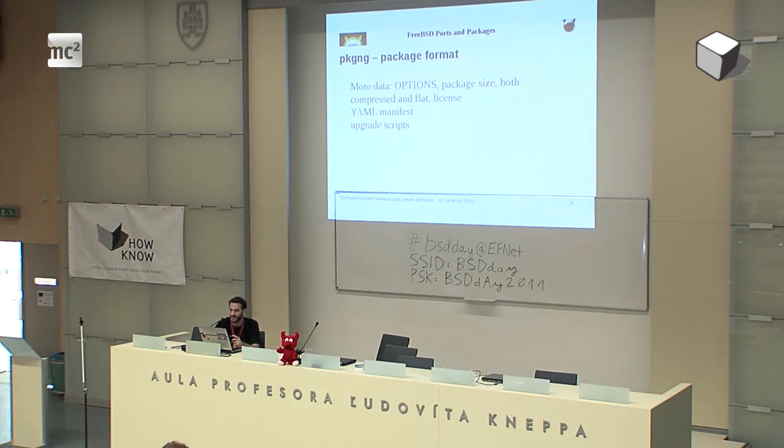Now, the new format is basically a YAML manifest file, the scripts for upgrade and so on, and custom scripts for installing. And it also records the size of the package, the size of installed files, the type of license that it's using. So basically, using only packages, you can say I don't want GPL version 3 packages, and this being recorded in the package, it's very easy to exclude installing them, something which you can't do now.